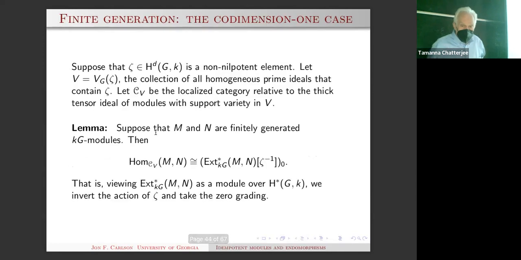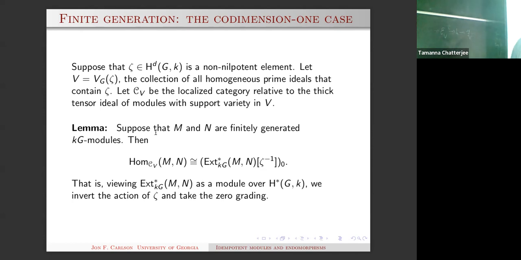Then you can prove a lemma that says, suppose that M and N are finitely generated modules, then the way I compute the Hom in the stable category, in the localized category, is the same way that I did it before.